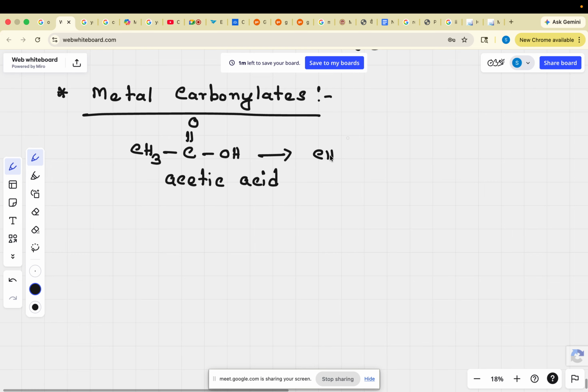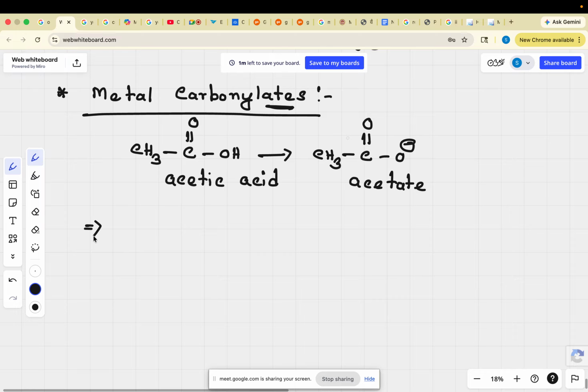Now if I have CH3 C double bond O minus, this unit is known as your acetate. Okay, acetate. So in carbonylates, this 'ate' is coming basically for your negative charge.